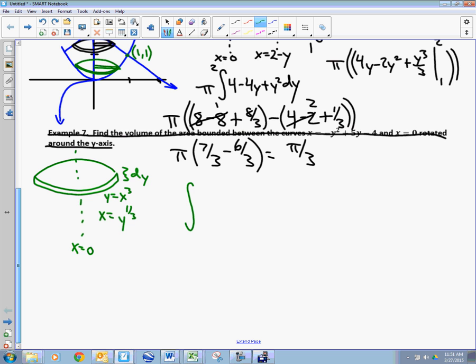So my integral, what are my bounds? 0 to 1, pi times r squared. What do you get if you square y to the 1/3? You get y to 2/3.